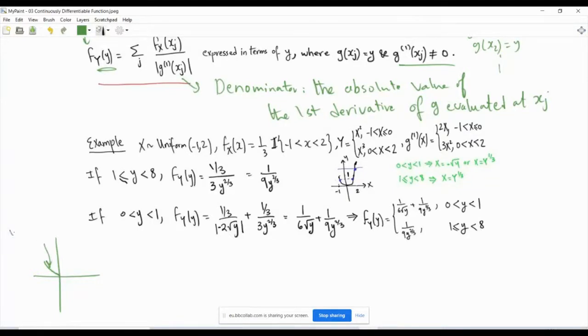Here y is equal to x squared. But when x is between 0 and 2, we have a cubic curve. So here we have y equal to x cubed. That's a function. Its first derivative is 2x over the negative range, 3x squared over the positive range. Now you ask yourself, what is the PDF of y?